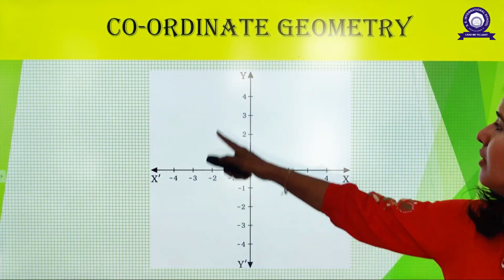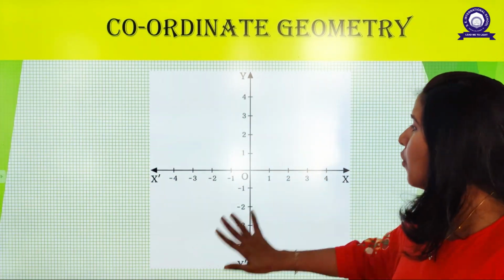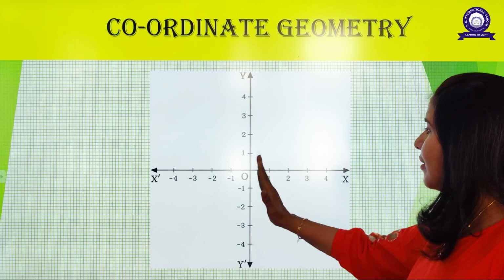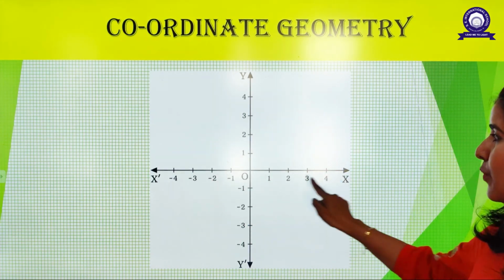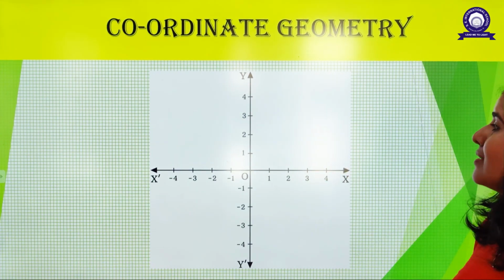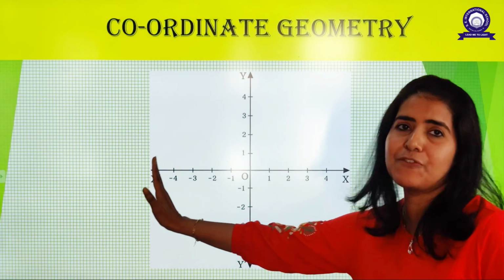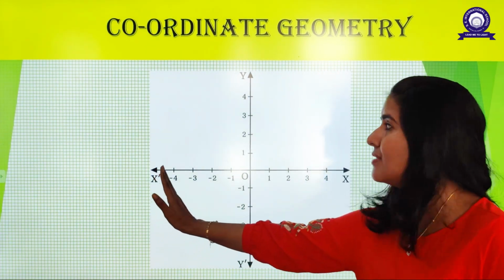Okay, so here we have the plane and it is divided into 4 parts. You can see the vertical line is the y-axis, and the horizontal line is the x-axis. The right side will have positive coordinates, the left side will have negative coordinates.